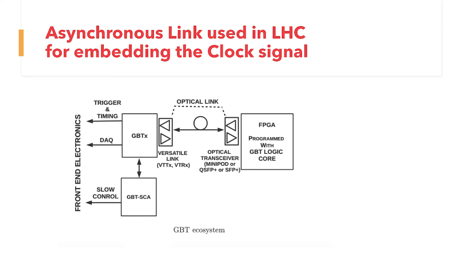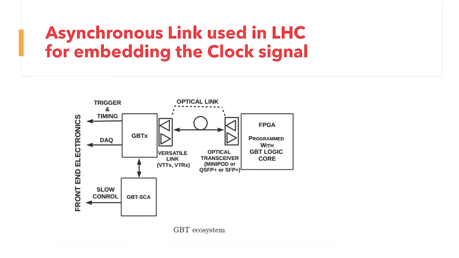Similarly, the GBT ecosystem has three very important parts. One is the timing and trigger acquisition part. That is, data and timing are mixed in this block. This is radiation hard electronics placed very close to the detector. And this is the GBT slow controller block, which takes the control information. And these two pieces of information are integrated and pushed over the optical link using the protocol which is also termed as GBT protocol because of the GBT ecosystem.